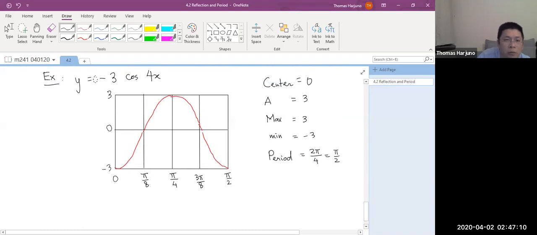Okay, this time you try, for example, y equals 1 plus 1/2 sine 3x. Oh, this one is so hard. Okay, get the center, amplitude, maximum, minimum, and the period.